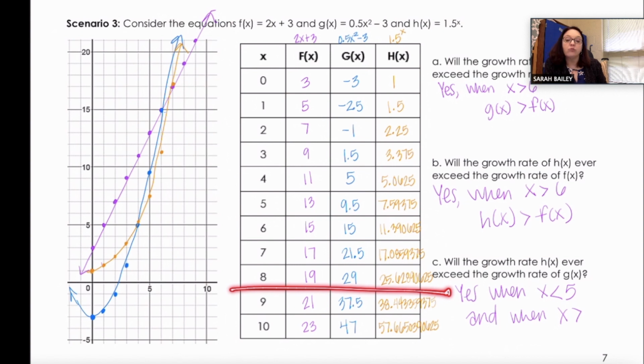Here, okay, here's where it starts switching again. H of x is at 38 and some change. G of x is at 37.5. And so when x is greater than 8. So when x is less than 5 and greater than 8, then h of x is greater than g of x. Okay, that's what we're going to say for that one.